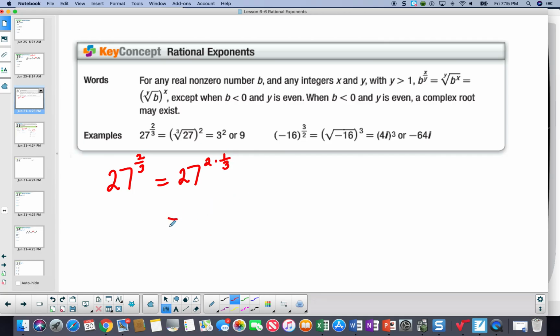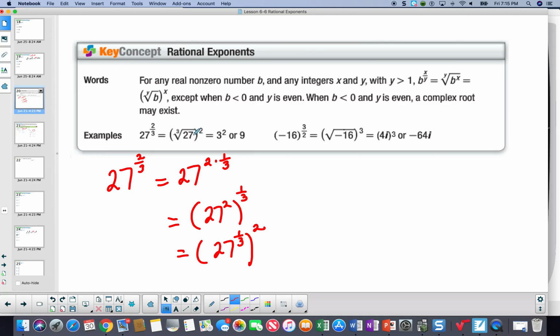So what you can do is you can put the 27 squared and put the 1/3 power out. Remember, power to a power as long as it's 2/3. Or you can put the 1/3 power inside the parentheses and put the 2 outside. As long as these two numbers multiply to 2/3, you can go in whatever order you want.